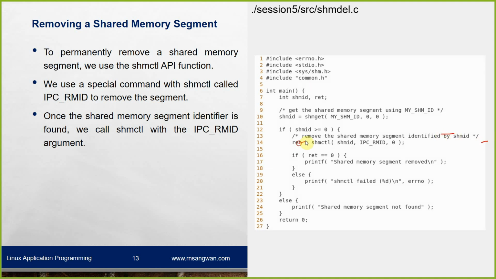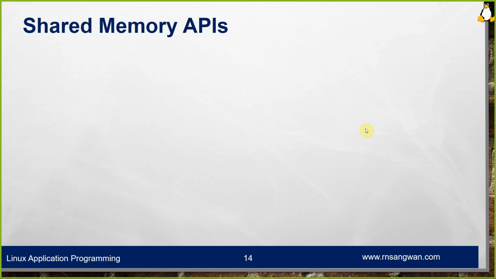That is the interesting point, because same function, same thing, same detail. Only thing is that we pass this parameter as IPC_RMID. The way we passed IPC_STAT, we are passing IPC_RMID. So this is a command called IPC_RMID to remove the segment. Once the shared memory segment identifier is found, we call shmctl with the IPC_RMID argument to delete this.